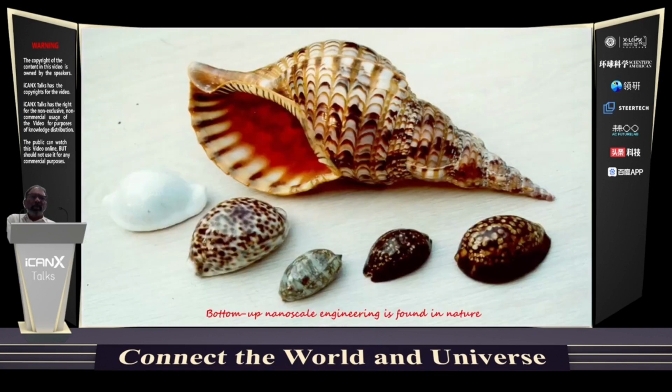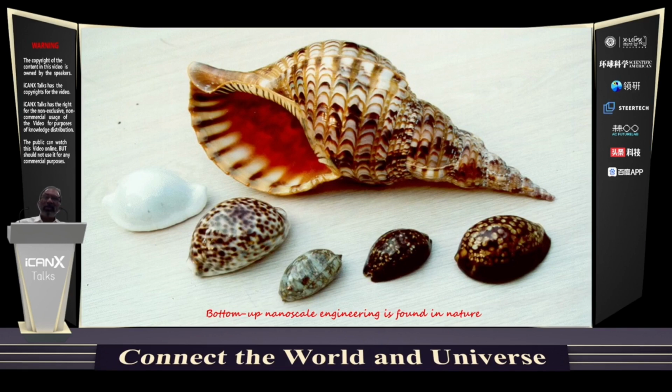As an example, let me just show this beautiful structure that many of us have seen and are familiar with. This is really an exquisite example of nano engineering from the bottom-up approach. And this is done through complex mineralization approaches that nature has taken and evolved over many, many millions of years.